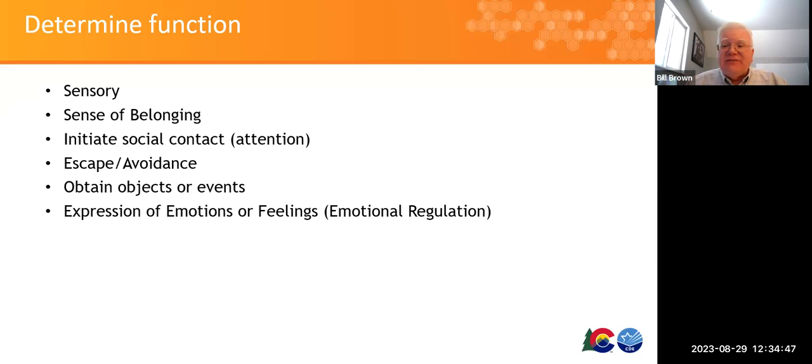Do they feel like they have a connection to that classroom and feel like they're part of it, or do they feel like an outsider? It might be to initiate social contact: I want to get attention from other people. It might be to escape or avoid tasks, work, or interactions with other people. Or it might be to obtain different objects or events.